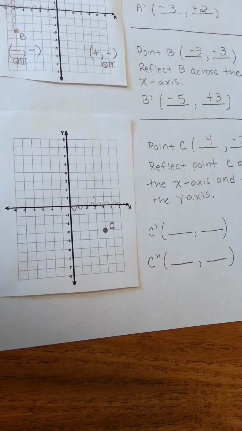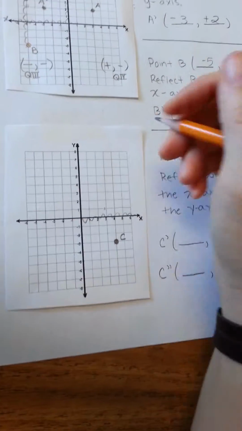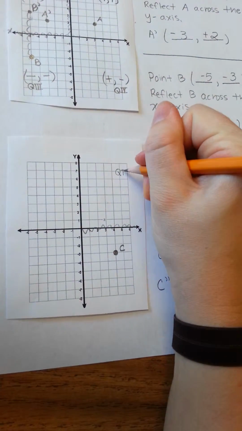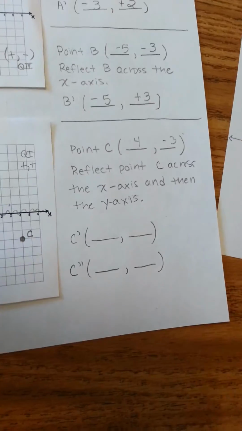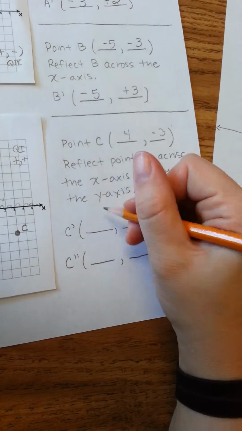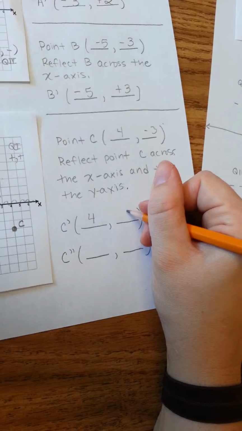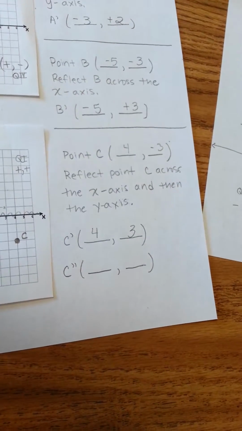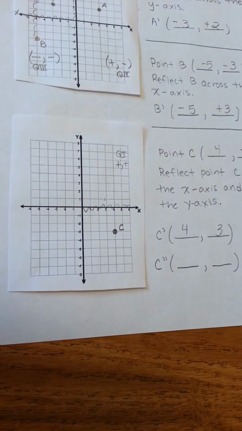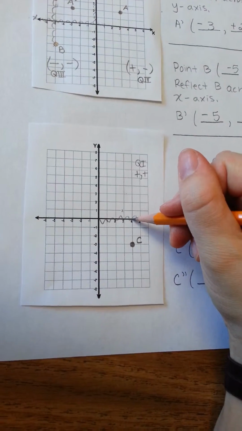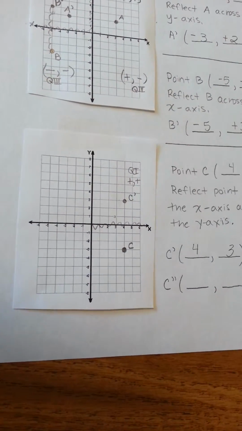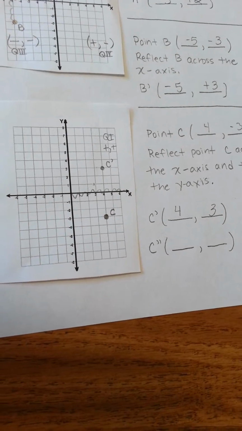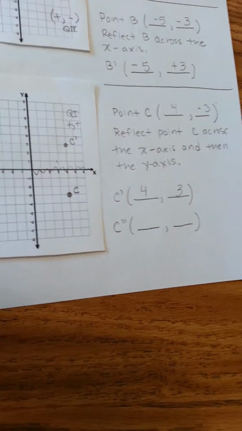I know that quadrant 1 is positive. So I'm going to take these same numbers except make them positive. Let's go ahead and plot it and see how it turns out. Over 4, up 3. Okay, so here's my C prime. There's my reflection across my x-axis.